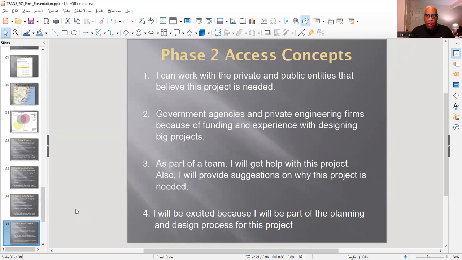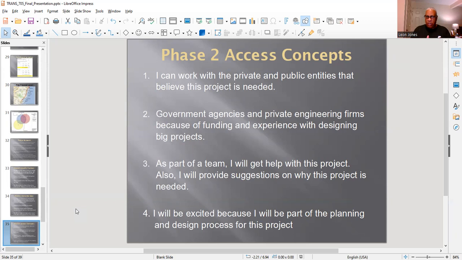Again, I can work with the private and public entities that really have a belief in this project. When it comes to any type of project, this could also go as a constraint as well. The biggest issue with any project is how much it's going to cost, particularly the big projects.